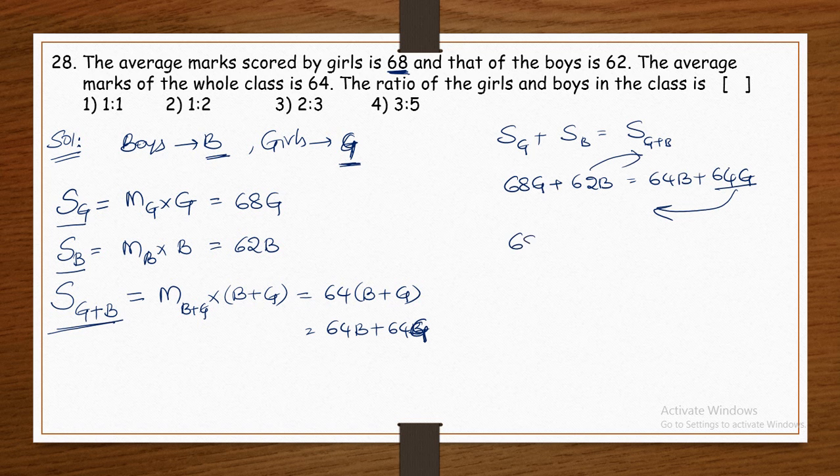Then I am going to have 68G minus 64G is equal to 64B minus 62B. 68G minus 64G is 4 times G, which is equal to 64 minus 62, which is 2 times B. Now what is he asking? The ratio of girls and boys. So girls to boys, G by B is equal to 2 by 4. So 2 by 4 is nothing but 1 by 2.